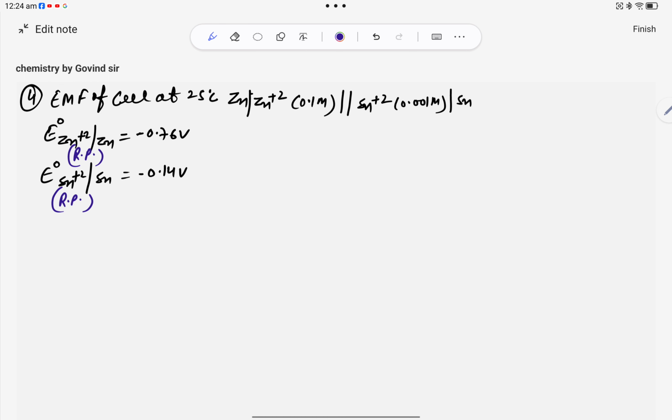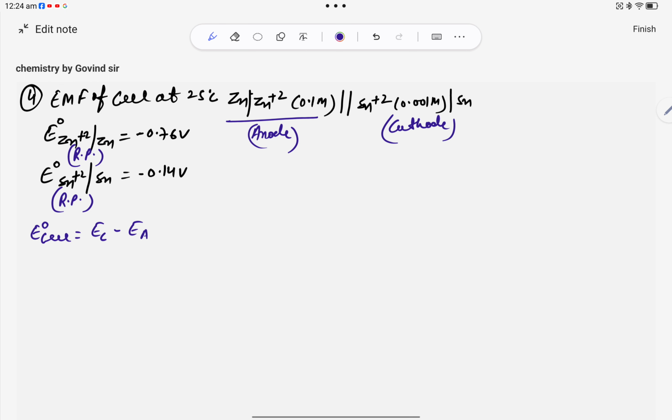Then E naught of cell you have to find out first. E of cathode minus E of anode. So this one is anode and this one is cathode.